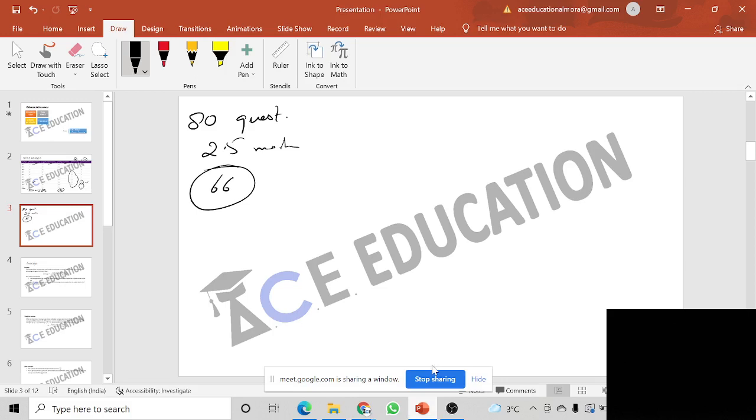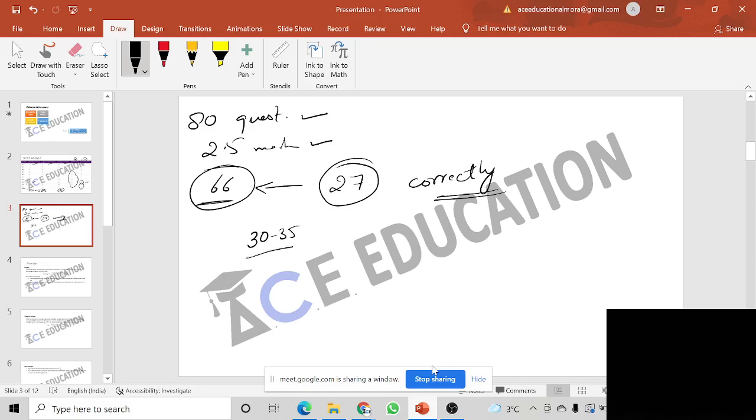Okay, so continuing back to where I was, there are 80 questions, 2.5 marks each, and we have to score 66 marks. I'm not saying that you should just stop at 66. What I'm saying is, for you to clear this, you need to do 27 questions correctly, assuming there is no wrong answer. And for the entire amount of time, I'll say, just focus on 30 to 35 questions instead of targeting all 80. Figure out your strengths over the period of time, and then concentrate on doing that many questions in the allotted time.